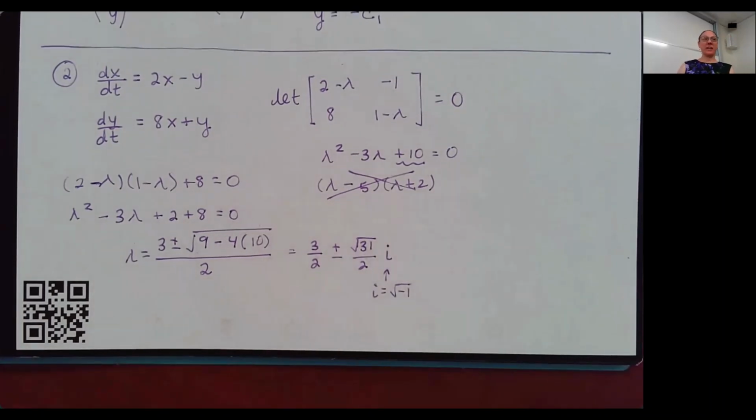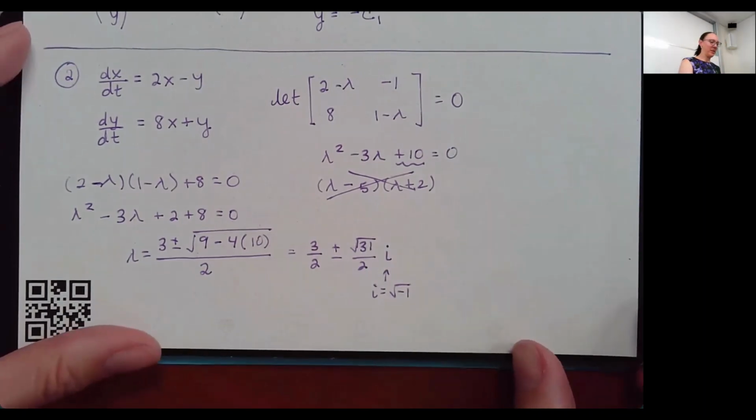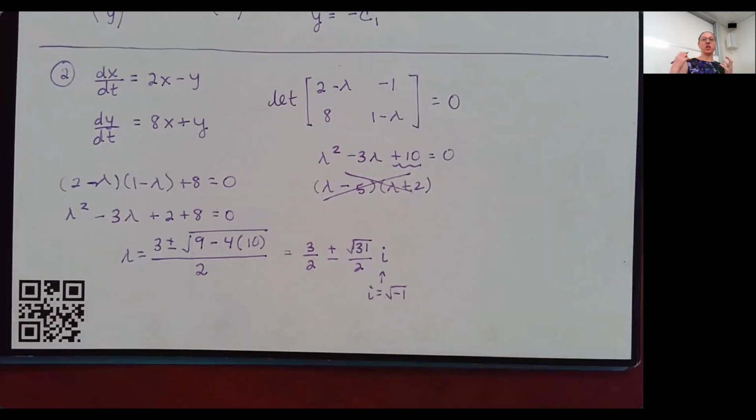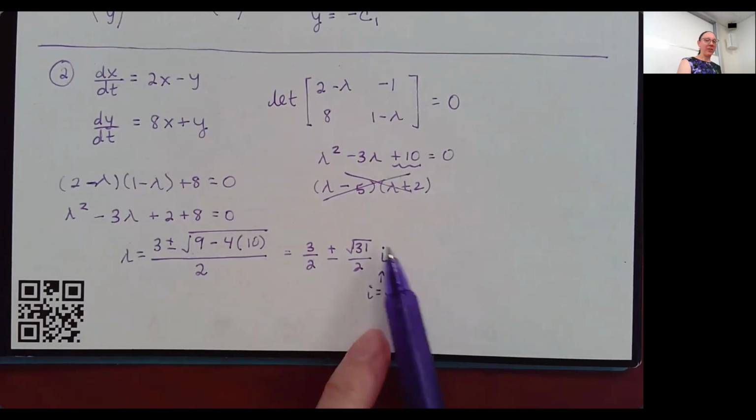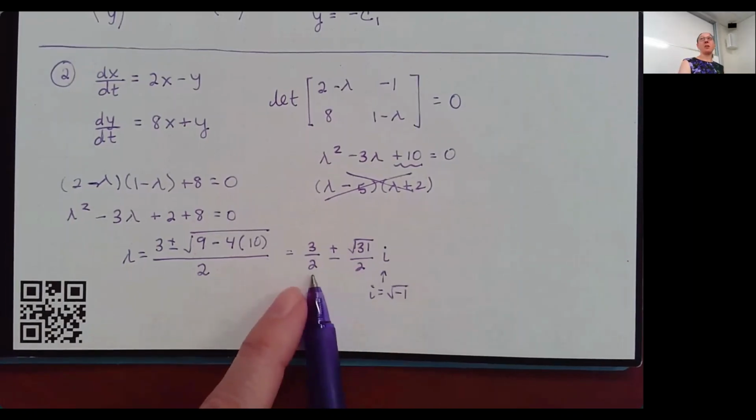Up until this point, we generally ignored these complex solutions, but they are telling us interesting things now that we're talking about systems of differential equations. The short version is that having a complex solution means there's some kind of spiraling behavior, and the fact that my real part is a positive number tells me that it's an unstable spiral.